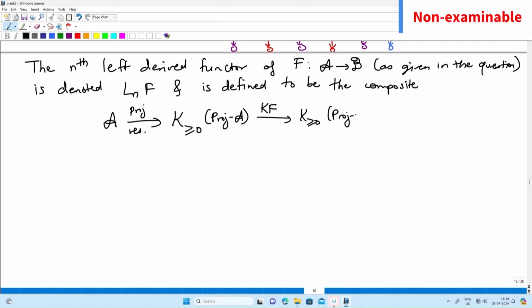Here something needs to be shown, that projective modules go to projective modules under an additive functor. I'm just highlighting, and then you take the nth homology from here to B. The homology functor actually factors through this. So this is the nth left derived functor, and what do you get?